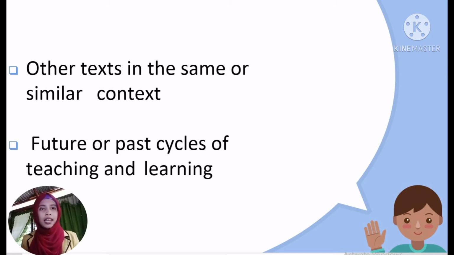Basically, in this phase, students should scrutinize what they have learned and how they have learned it in the teaching and learning process by means of the principles of the text-based approach. So they will make a distinction of the relationship of the concepts they have already learned to, first, other texts in the same or similar context.